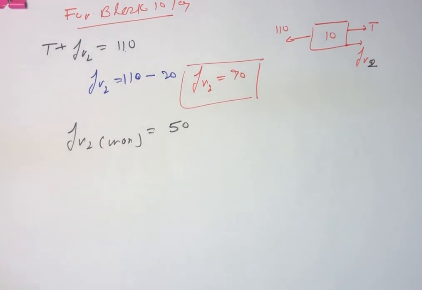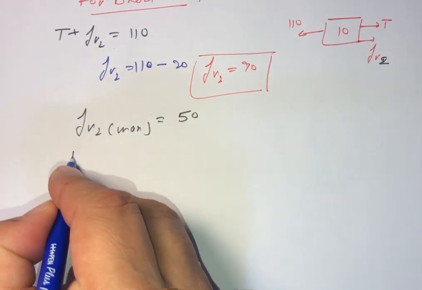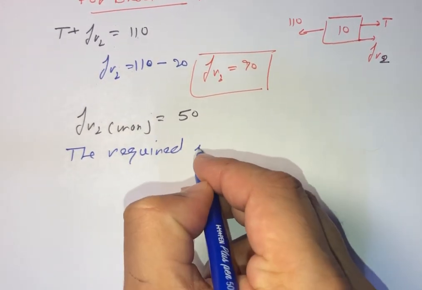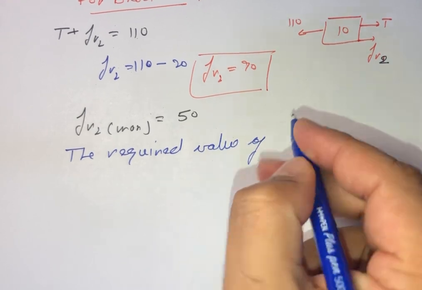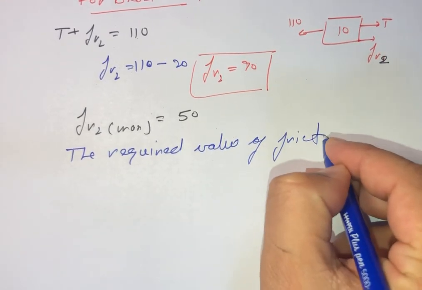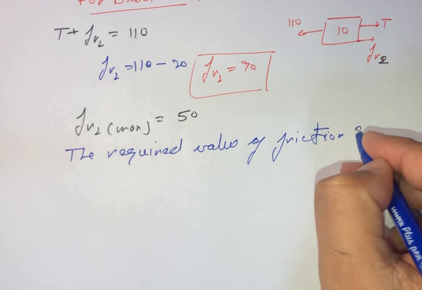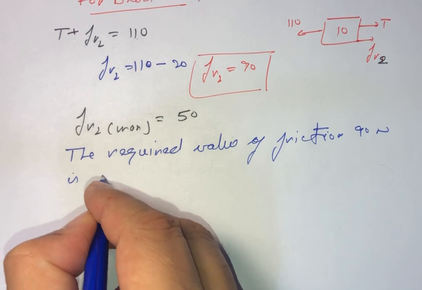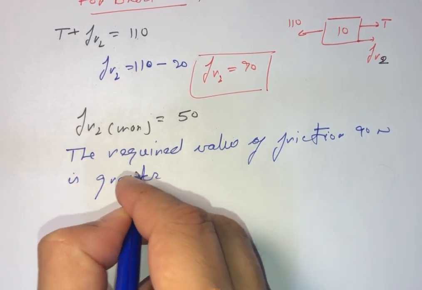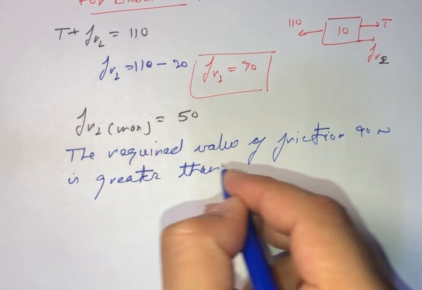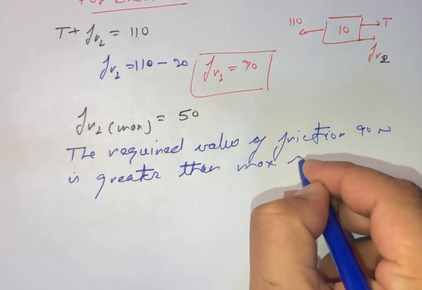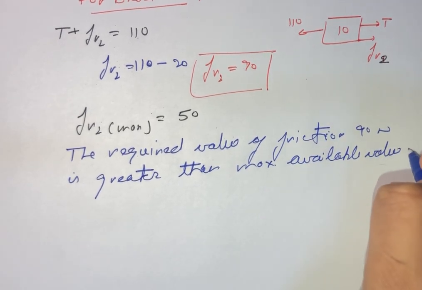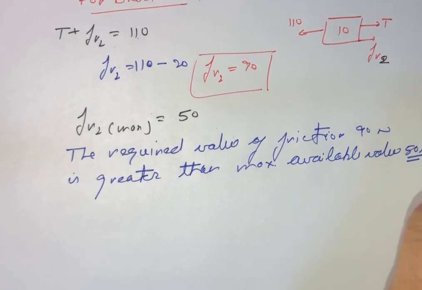So we can say that the required value of friction, which is 90 Newton, is greater than maximum available value, which is 50 Newton.